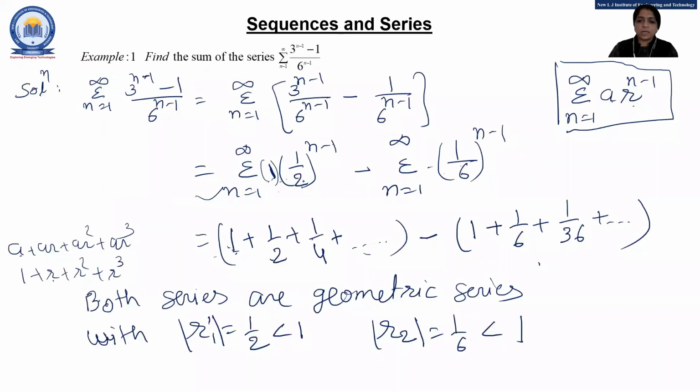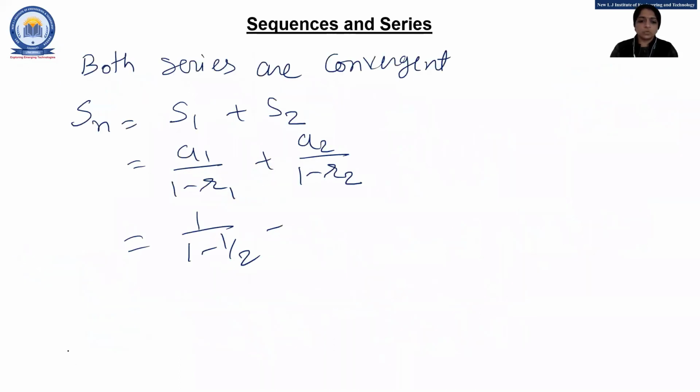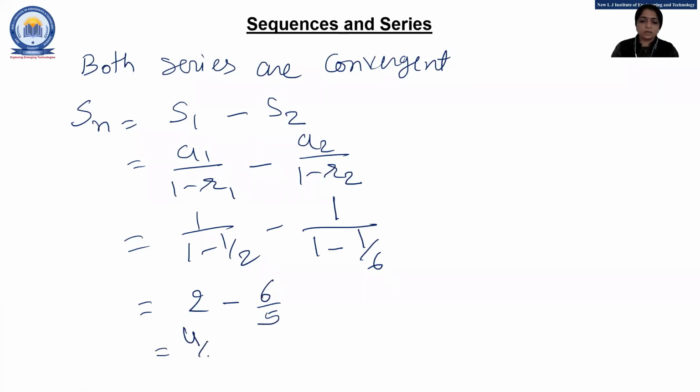There is a minus sign between the two series, so I am keeping it as minus. For the second series, my first term is 1 and the ratio is 1 by 6. After simplification, I have 2 minus 6 by 5, which is 4 by 5.